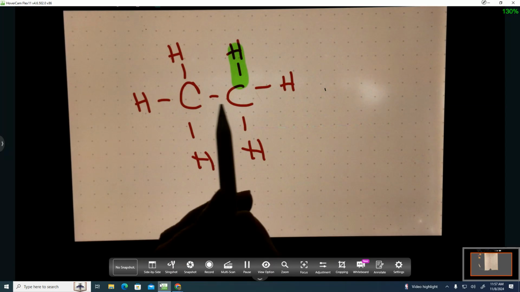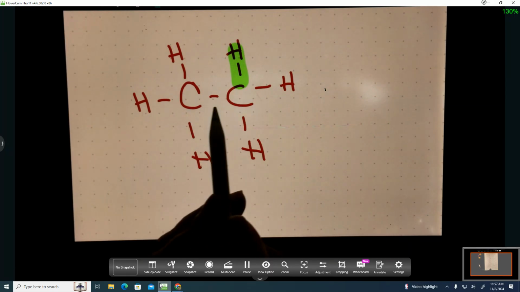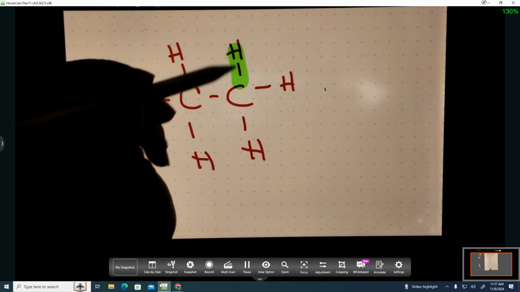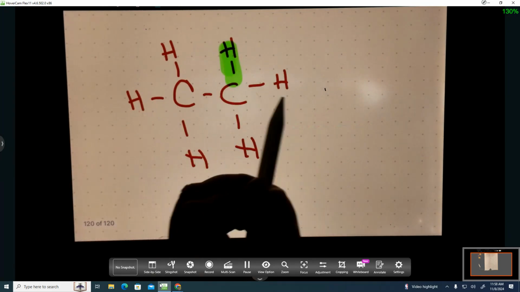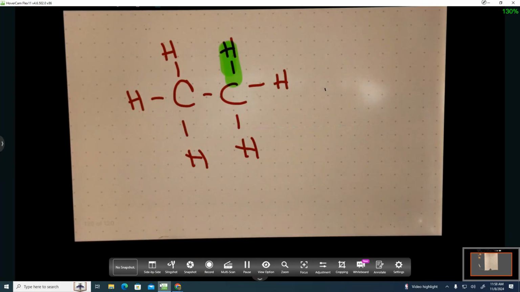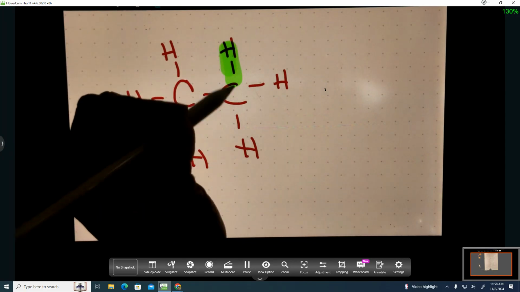No. So this bond is nonpolar. These bonds are polar. Each one of these bonds is polar. This is the only nonpolar one. Okay? See the difference? Symmetric is going to be the same on both sides. It's nonpolar. Symmetric, nonpolar. Asymmetric, different.